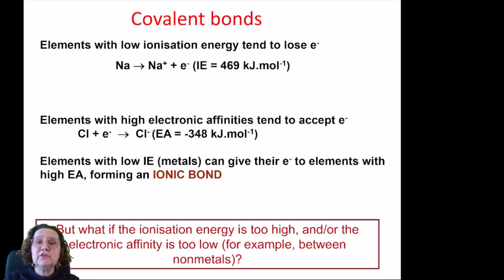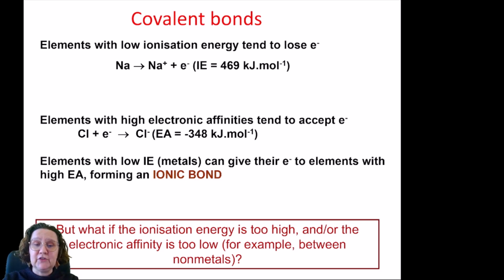That value, 469 kilojoules per mole, is a positive value. It means that it's energy that we have to spend, but it's not a large number, and I will show you what I mean by not large compared with what I consider large. Then you have an atom like chlorine that will release quite a lot of energy when it gains one electron and becomes negatively charged, a chloride anion. I've got here minus 348 kilojoules per mole, and the minus means it's energy liberated.